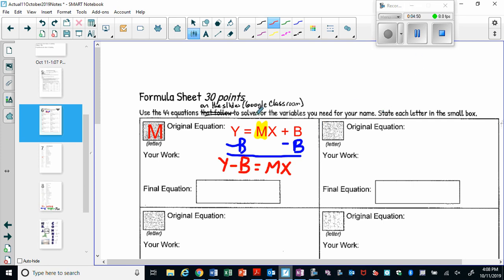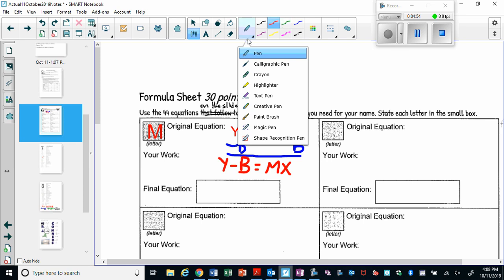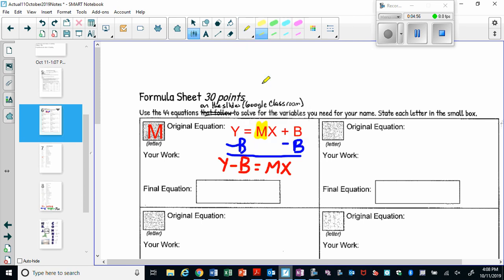Our second step, since we still want to get m isolated, we need to divide both sides by x. So then, similar to dividing coefficients, the x's cancel.